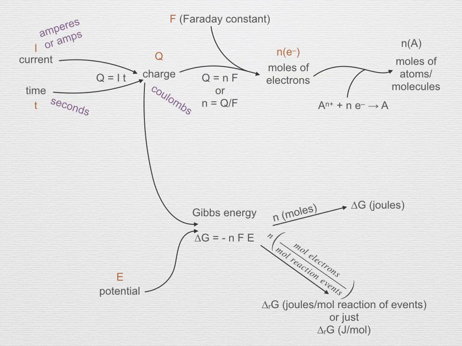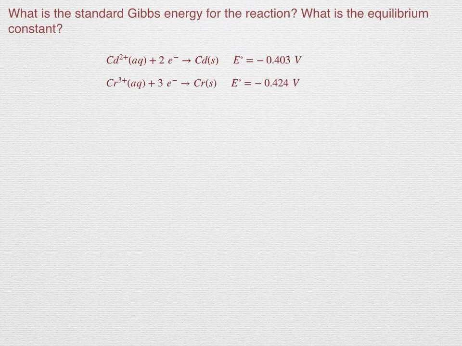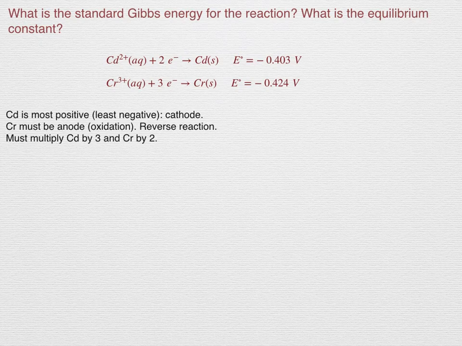This is a good time to return to the question we encountered at the beginning. We proposed a cell based on cadmium and chromium and want to determine the standard Gibbs energy change for the reaction. Cadmium has the most positive, and in this case the least negative, standard reduction potential, so it will be the cathode. Chromium therefore will be the anode, and oxidation will occur.